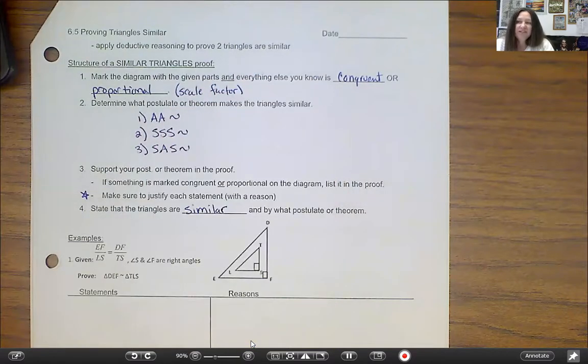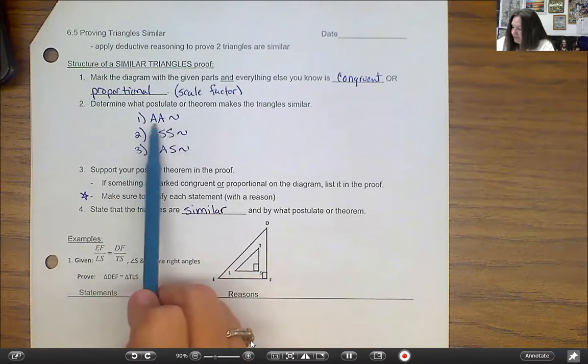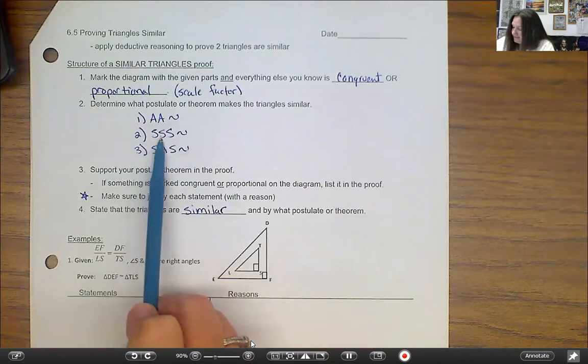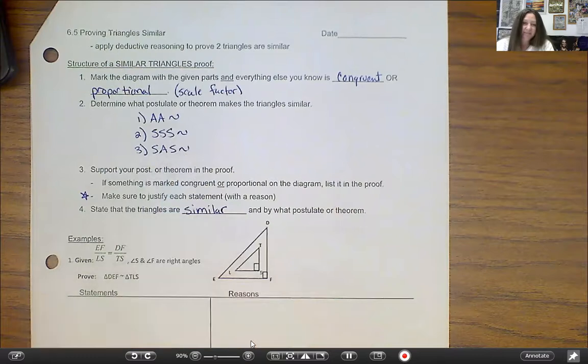Once you have marked the diagram itself, you should be determining which case you are using for similarity. So again, we have 3 to choose from: angle, angle similarity, side, side, side similarity, or side, angle, side similarity. Then you're going to support that by providing evidence.